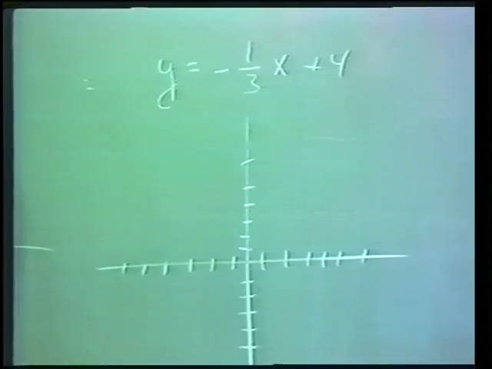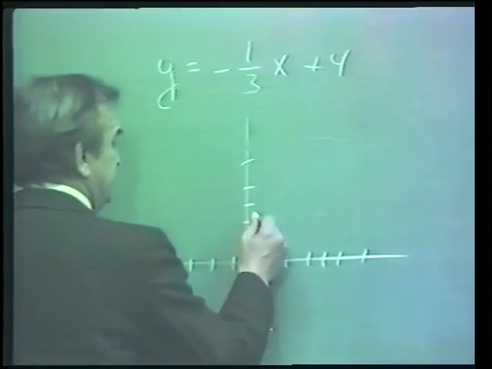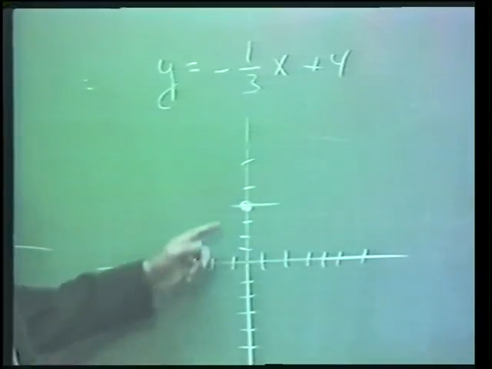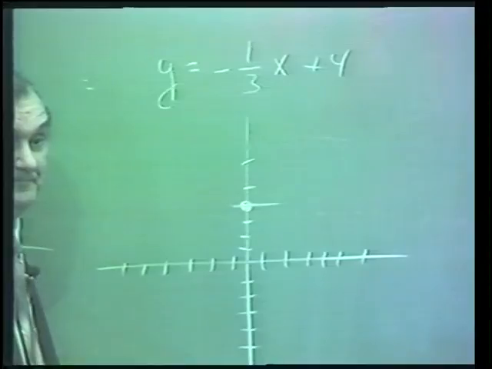Where's the y-intercept? At 4, on the y-axis. Right here. Now you can mark that point 0, 4.